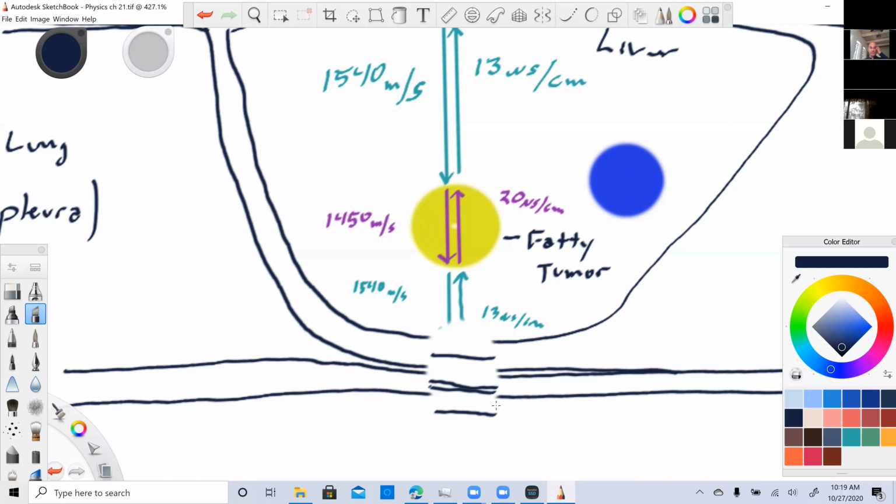Well, that's kind of cool. That actually looks like I shifted it down. Everything behind that is misplaced a little bit because the echo took longer to get back. Obviously, according to the machine, it must be coming from a deeper place.